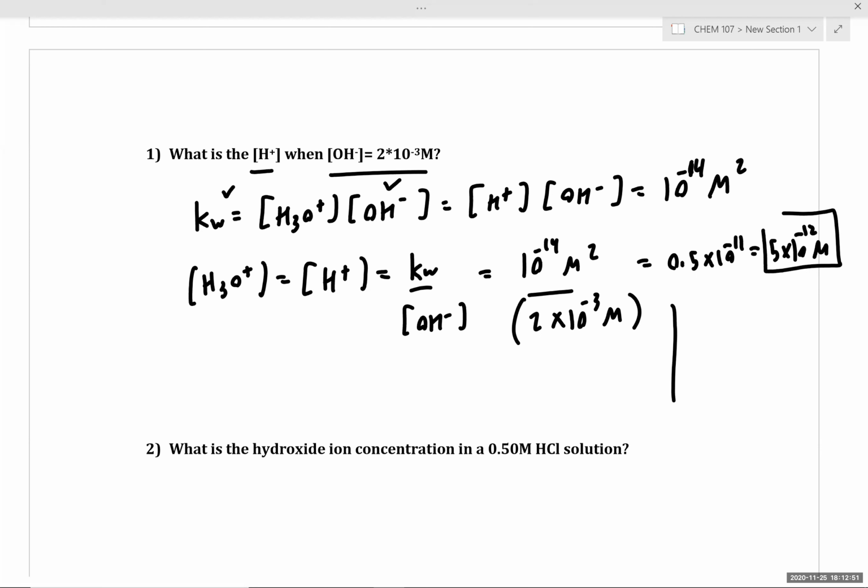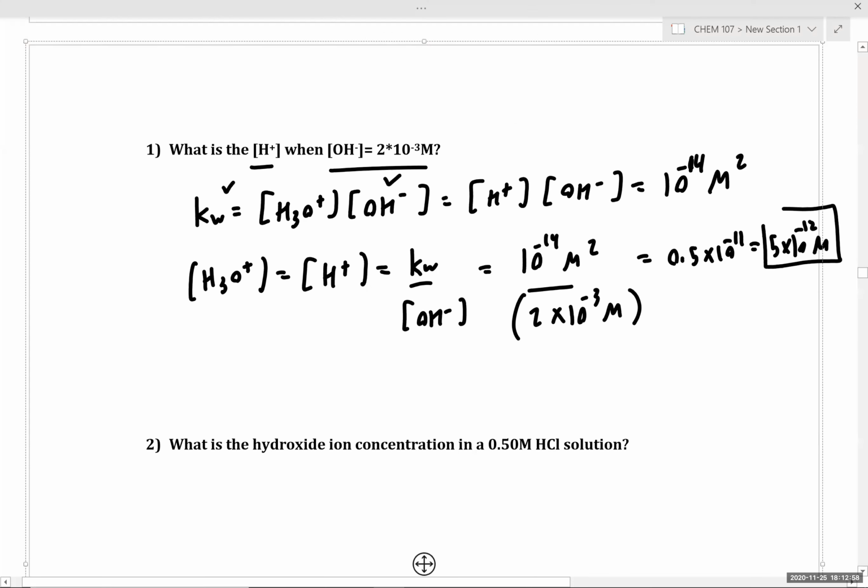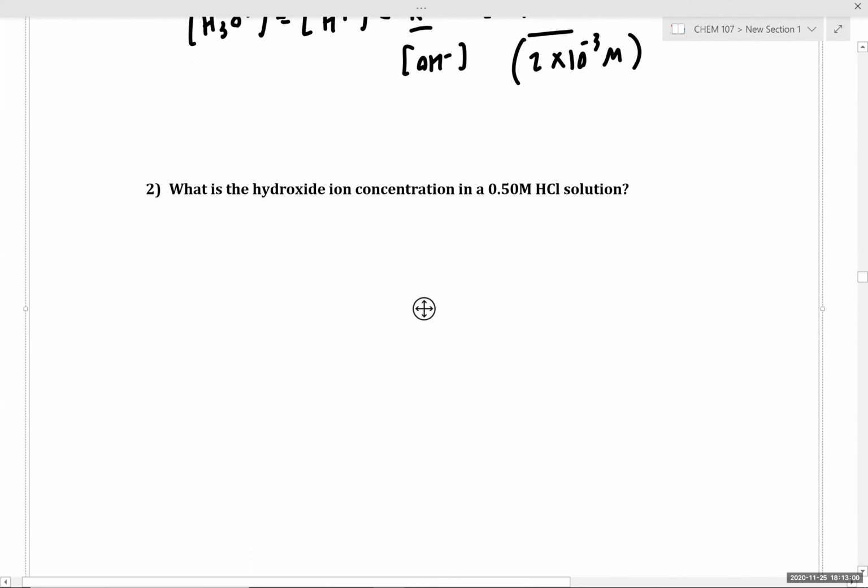Okay, so let's try now to work on the following example. I'd like us to take about 3 minutes and attempt the following problem. I'd like you to tell me what is the hydroxide ion concentration in a 0.50 molar hydrochloric acid solution. And remember, since hydrochloric acid is a strong acid, you can think of it as a source of H plus or H3O plus in solution.